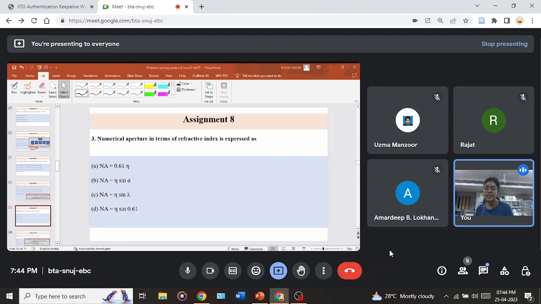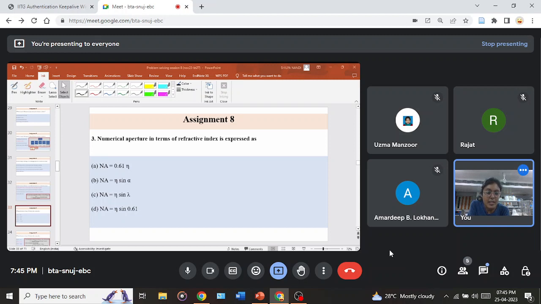But if anyone has any other guesses, you can obviously post them in the chat box. So, okay, as Uzma said, option C, numerical aperture is equal to eta sine lambda.